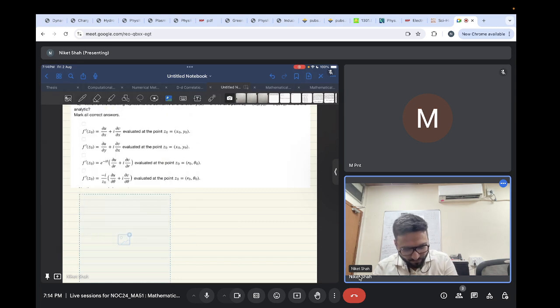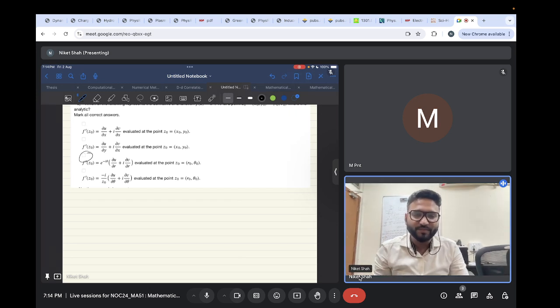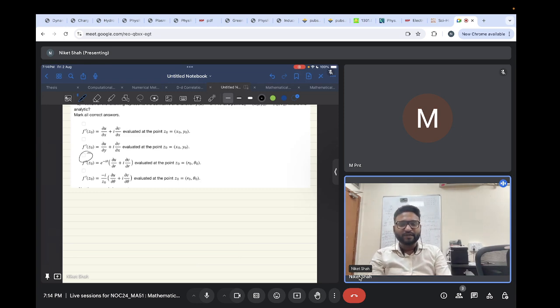I will give you a flavor by solving option 3, because option 1 and 2 are with respect to x and y coordinates, so that is something you'll be able to do in a much easier manner. But r and theta might be a little bit difficult, so let's try and attempt that. If I'm doing the r part, you should be able to do the theta part as well. All right. So let's try and do this.